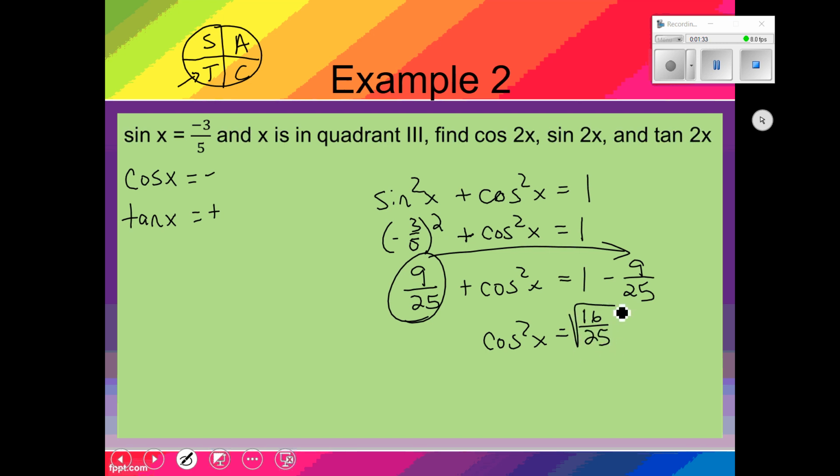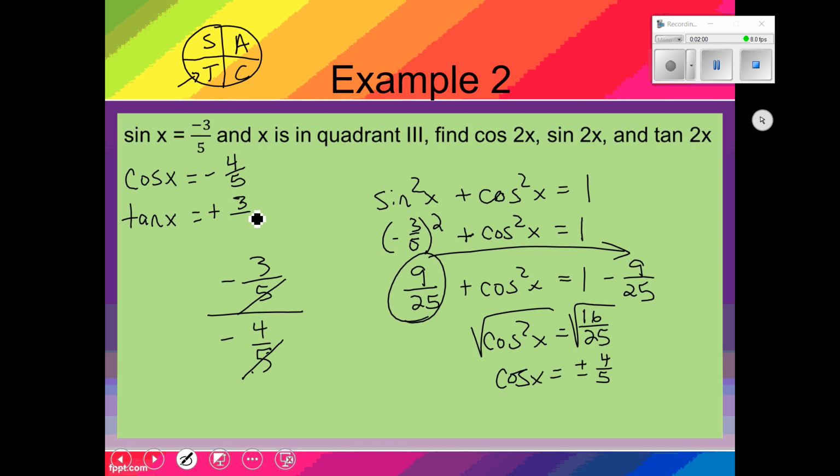When you take the square root on both sides, cosine of x is equal to plus or minus 4/5, but we know it's going to be -4/5 because I'm in quadrant 3. So I'm going to take the negative. And then tangent is the sine divided by the cosine, -3/5 divided by -4/5. These will cancel, and a negative over a negative is a positive 3/4.